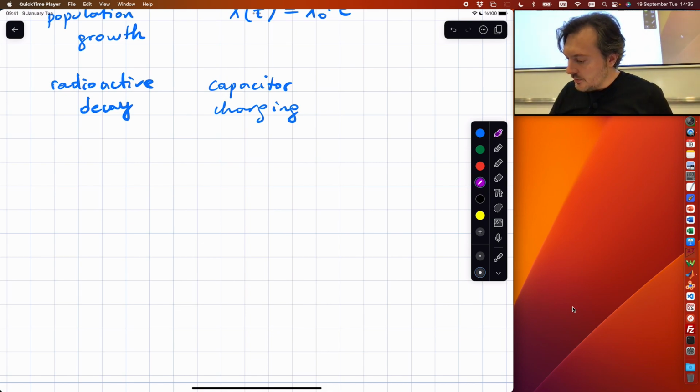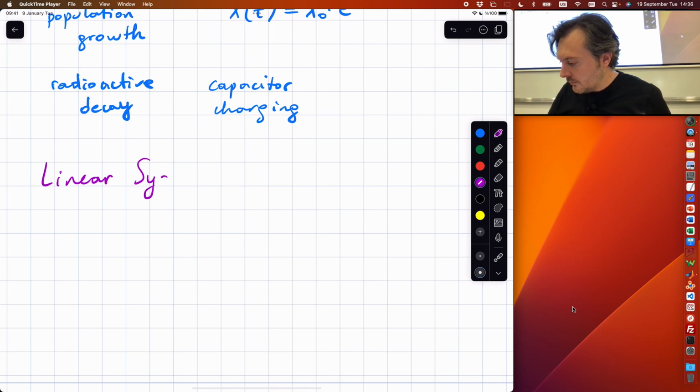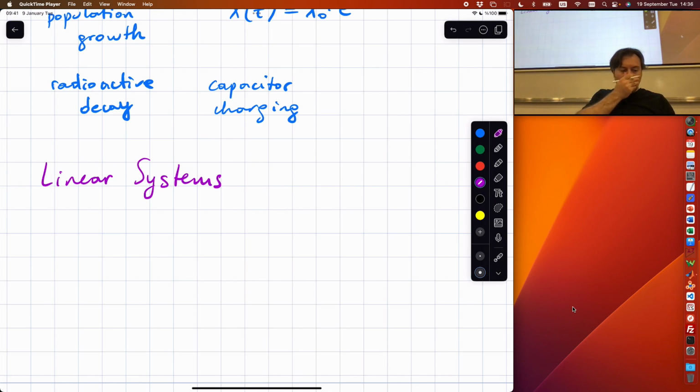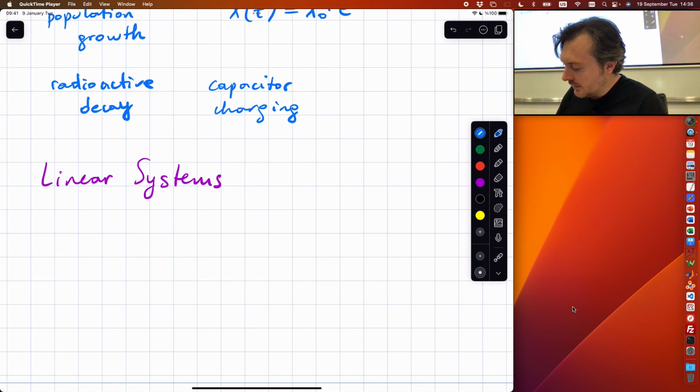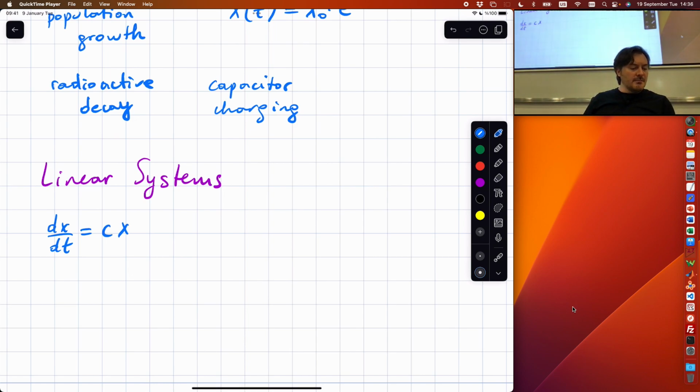Okay, let's talk about linear systems. So, for example, this first order equation that we have just seen is a linear system.